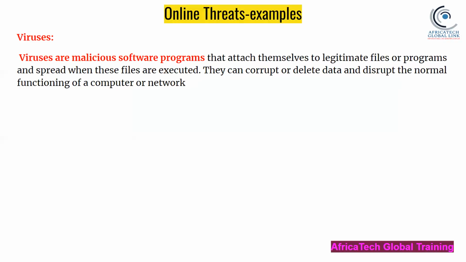And the more you know, the more you can even stay without antivirus. Viruses are malicious software programs that attach themselves to legitimate files or programs and spread when these files are executed. They can corrupt or delete data and disrupt the normal functioning of a computer or network.